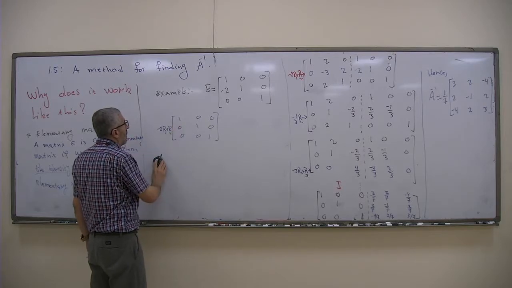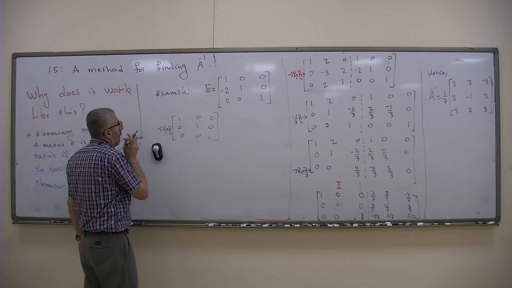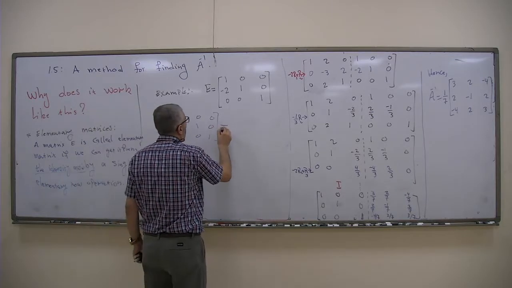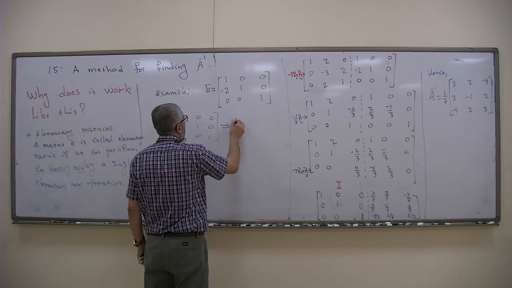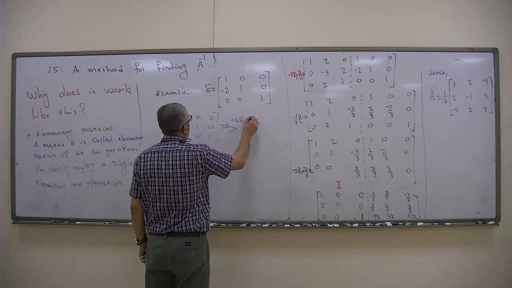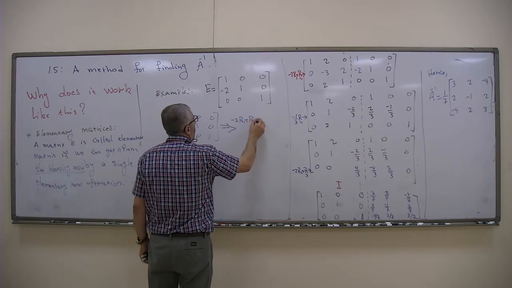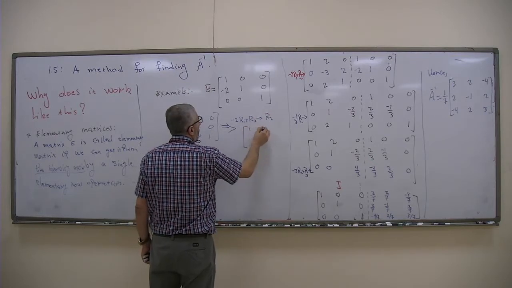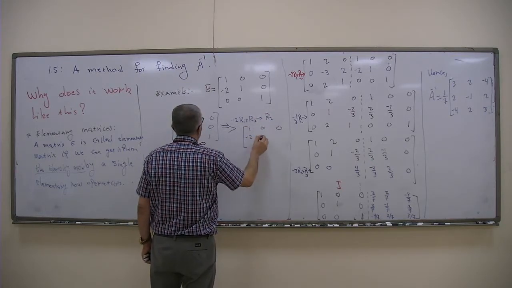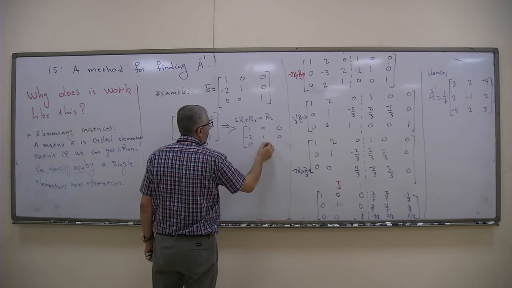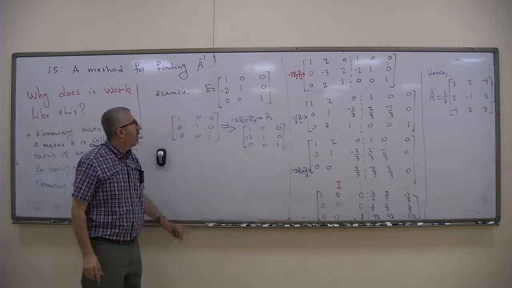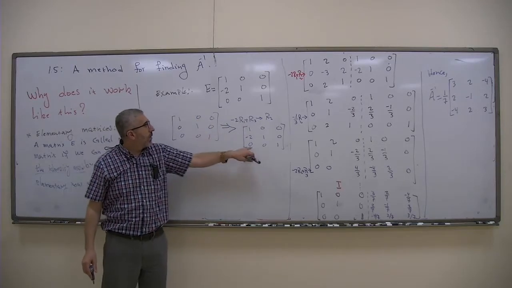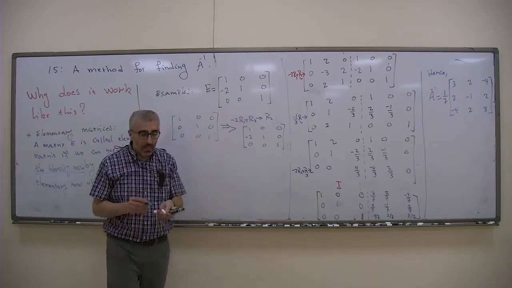So here it is, and once you do that, negative 2R1 plus R2 will replace R2. So you get 1, 0, 0, negative 2, 1, 0, 0, 0, 1. One single elementary row operation on the identity will give you this matrix. So this is an elementary matrix.